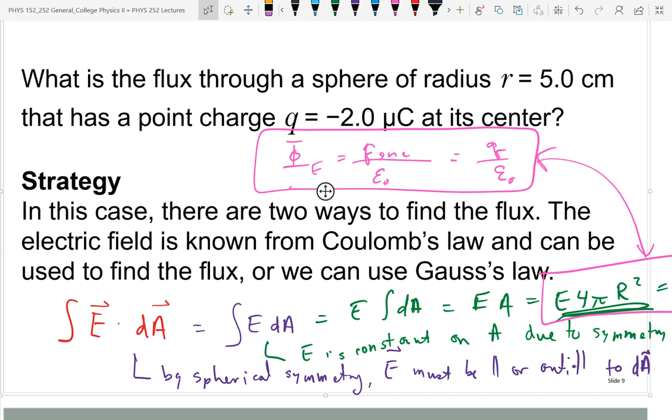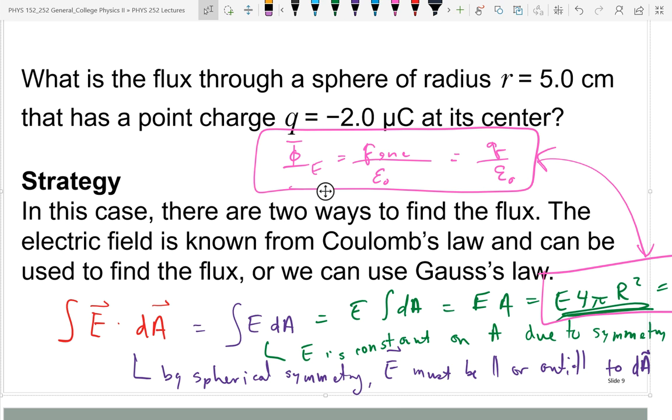That is what a Gaussian surface is. A Gaussian surface is an imaginary surface on which you are going to find the electric field. And so it's not a real surface. You make it up, and you choose that surface's shape to match the symmetry. So for the point charge, we chose a sphere because of the spherical symmetry. For a line of charge, we're going to use a cylinder because of the symmetry.